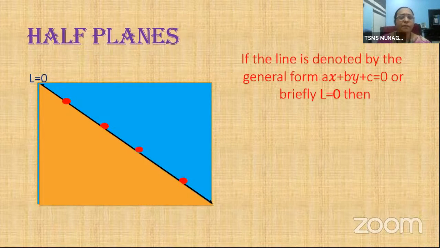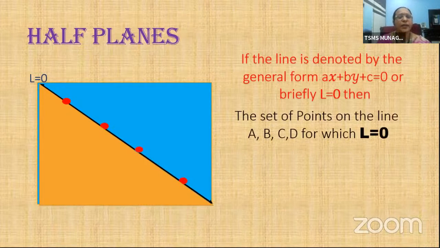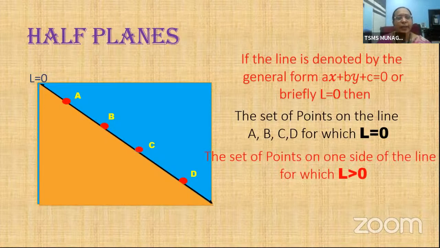Now we have the set of points on the line, which are A, B, C, D, which will satisfy the equation L equal to 0. So for all these points A, B, C, D, you will get the value of L as 0 on substitution of that point in the standard form. Now what will happen to the set of points on one side?